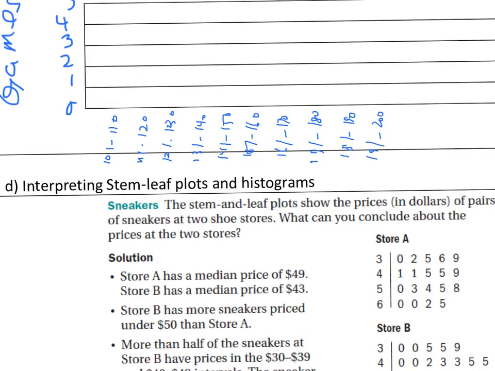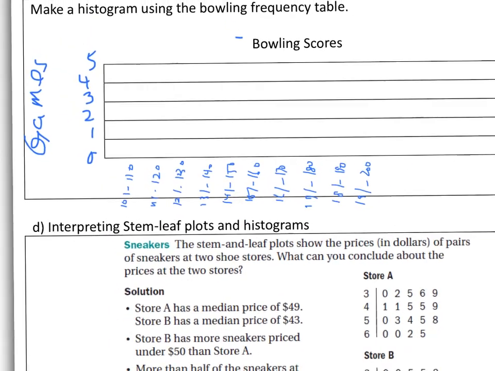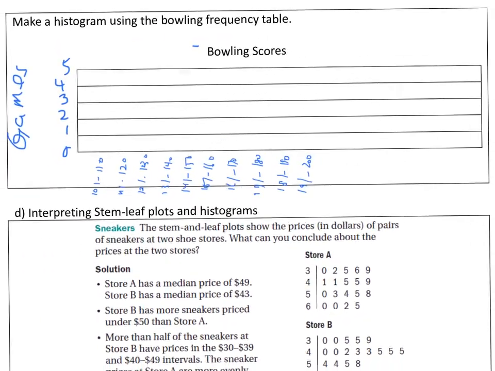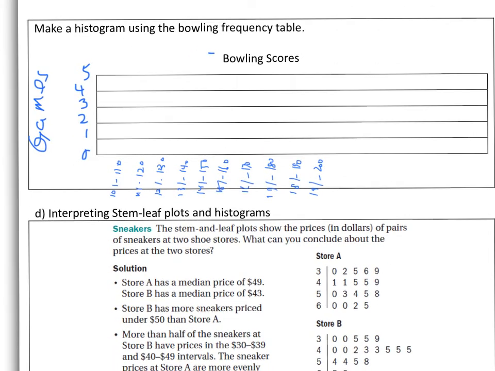Okay, so between 101 and 110, there's only one score that falls within this interval. So let's just do it this way. And for 111 to 120, we have 2 scores. 121 to 130, we have 3 scores. 131 to 140, we have 2 scores.